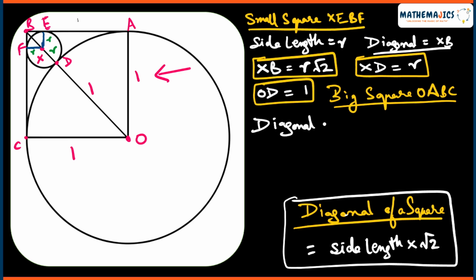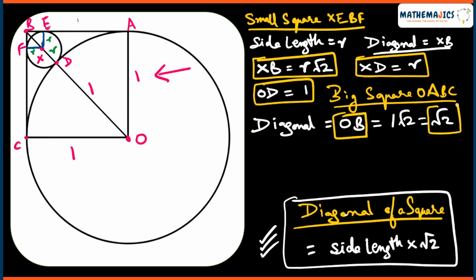The diagonal of the big square will be OB. It will be side length times root 2. Again, I will be using this formula. The side length of the big square is 1 times root 2, or we can simply write it as root 2. Let's put it in a box. It will be useful for us. OB is equal to root 2.